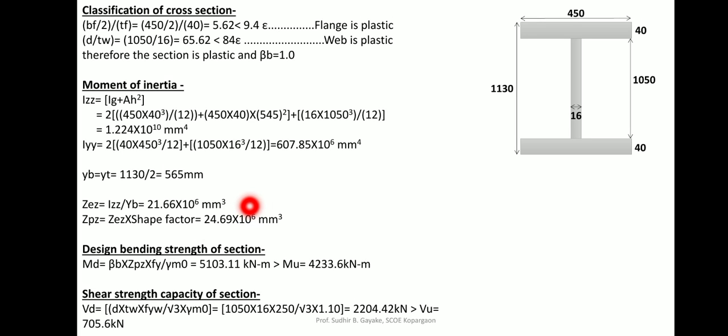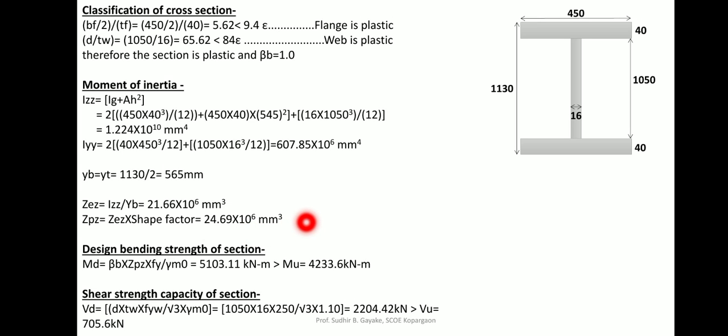Now this is elastic section modulus, and for design you are requiring plastic section modulus. So plastic section modulus can be either calculated using parallel axis theorem, or equal area axis, or it may be calculated directly as it is a rectangular section using shape factor. So for rectangular section shape factor is near about 1.14.